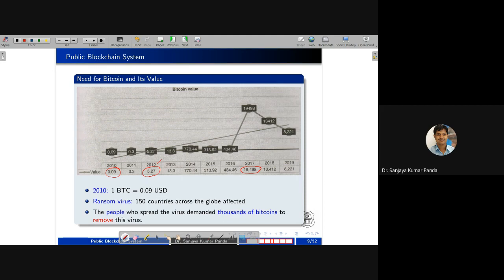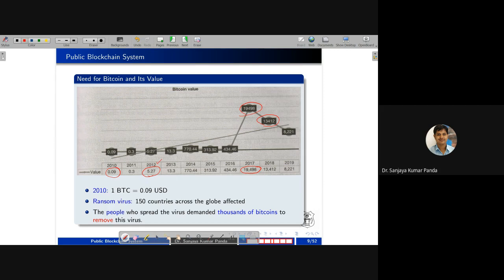But after 2017, due to market problems or other technical factors, suddenly the price is decreasing. Here you can see from 19,498 USD it is reduced to 13,412 USD, right?